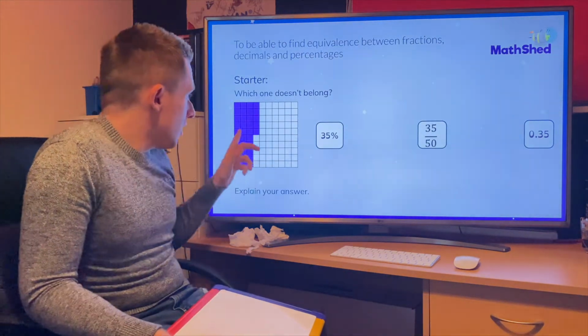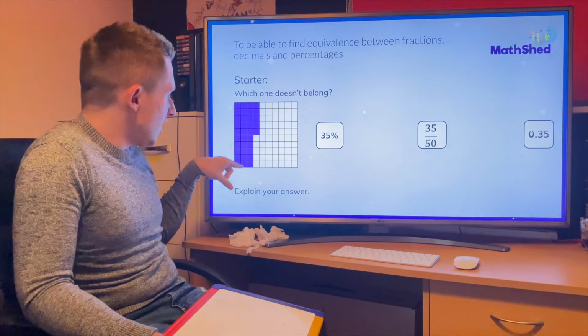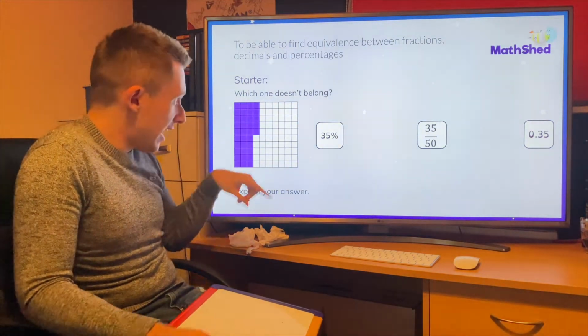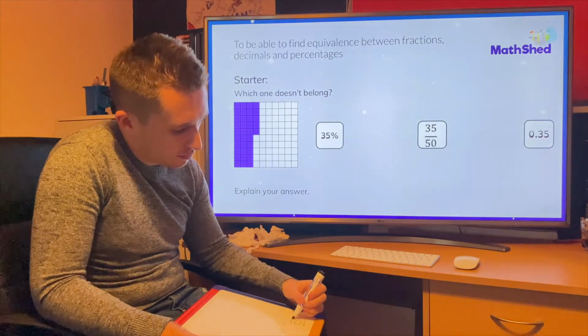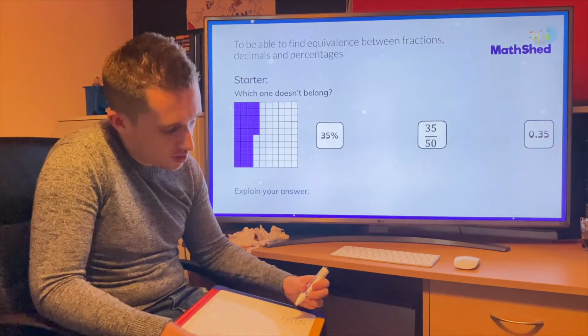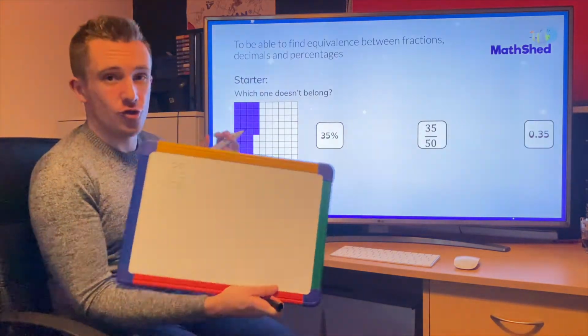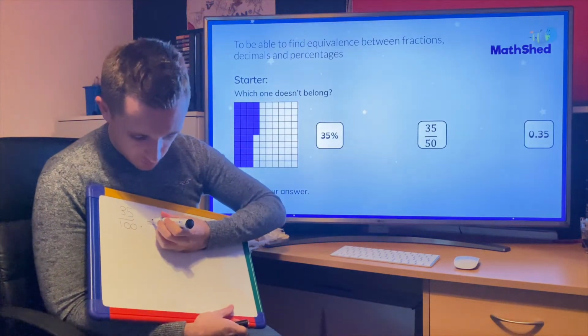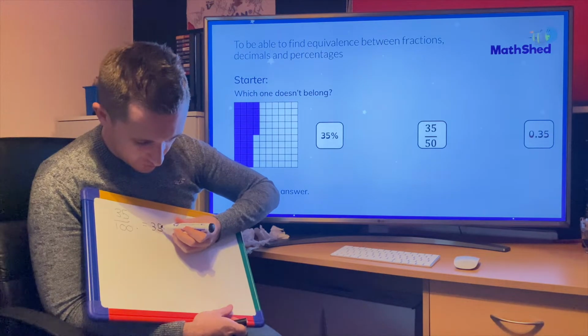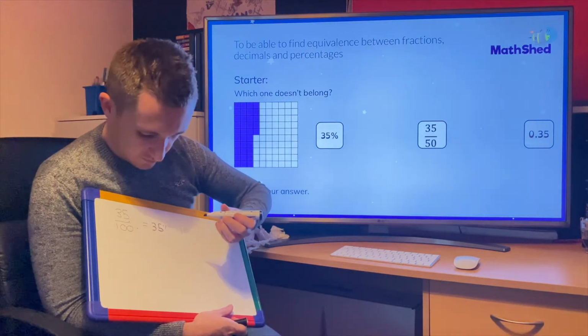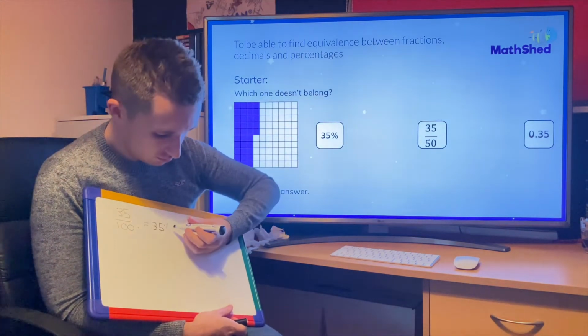Okay, so this one here, we've got 10, 20, 30, 35 out of 100. So we've got 35 out of 100. Now, if we've got 35 out of 100, we know that would be the same as 35%, because it's the numerator.